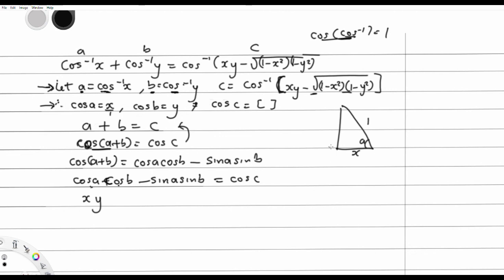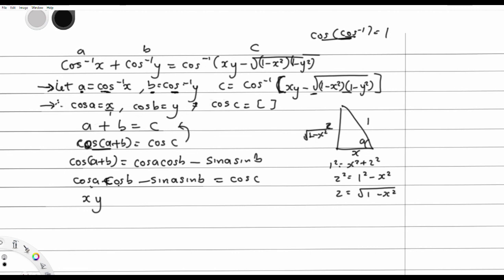Let's make this side z, then 1 square equals x square plus z square. We want to make z the subject of the formula, so z square will be 1 square minus x square, isn't it? z will be the square root of 1 square minus x square. 1 square is 1. So this side is the square root of 1 minus x square. So we already know this.